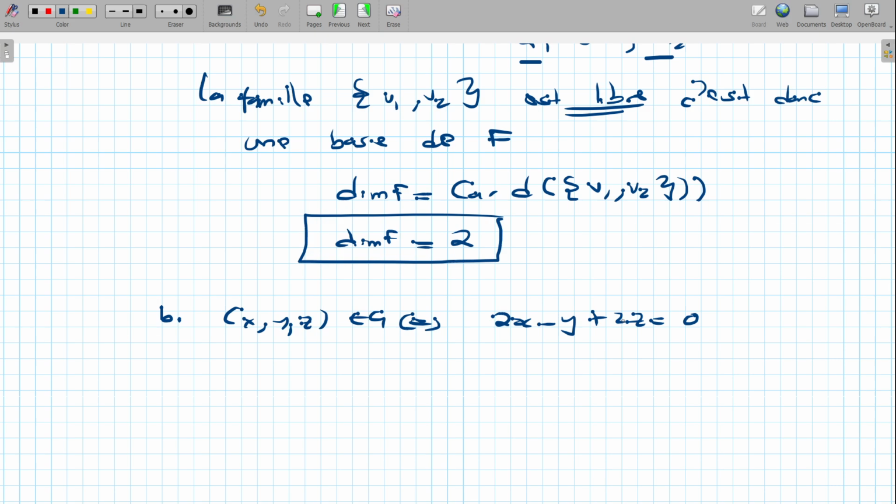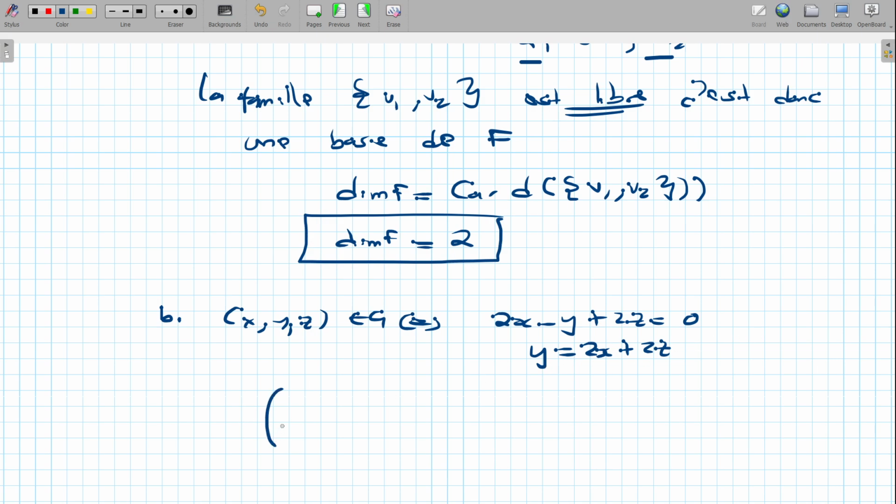Just like the first one, here you only have one equation. So you are free to make x or y or z the subject. It's advised that you make y the subject because the coefficient of y is minus 1, so it's not going to give us fractions. If I make y the subject, I'm going to have y equal to 2x plus 2z, like so.